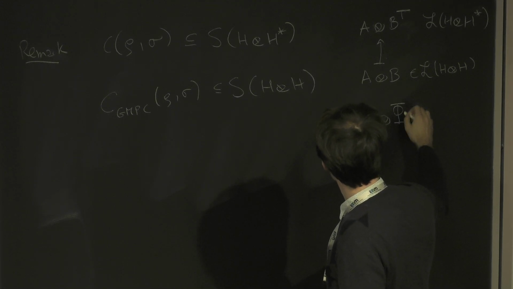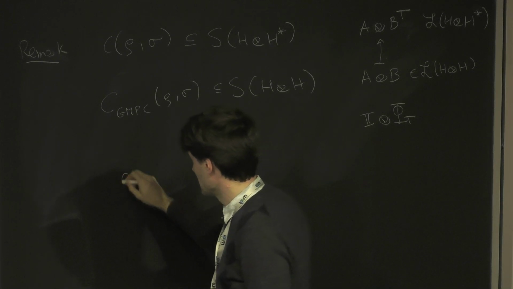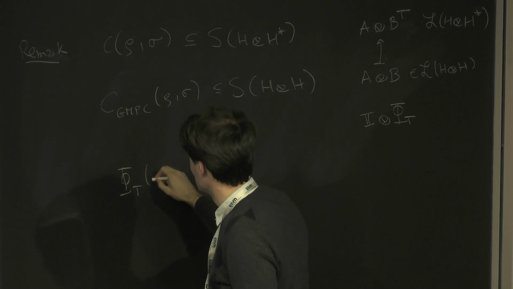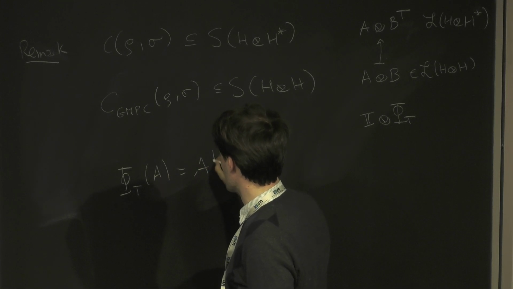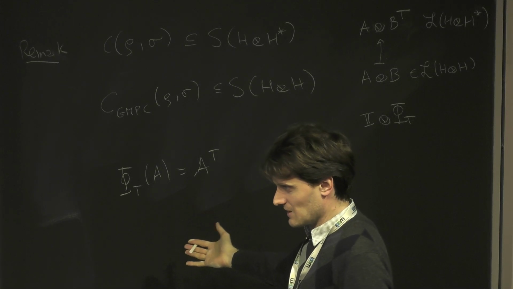Let's call it phi t, where phi t is the transpose. So phi t takes A and gives you A transpose. Okay, you would like this map to be a channel, a quantum channel.